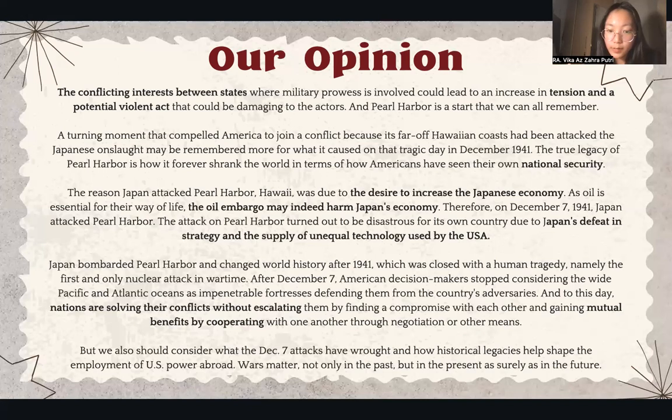But we also should consider what the December 7 attacks have wrought and how historical legacy helped shape the employment of U.S. power abroad. Wars matter not only in the past but in the present as surely as in the future.